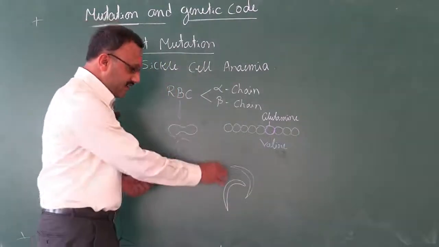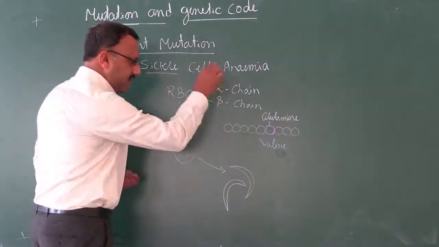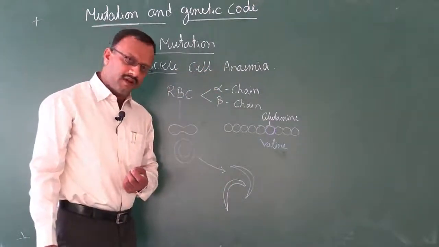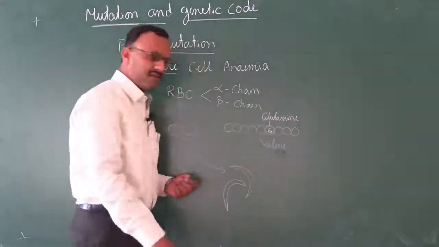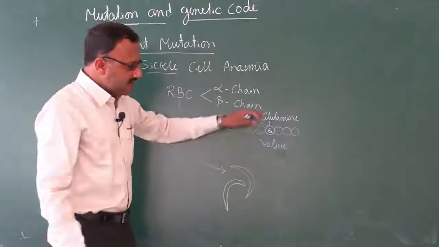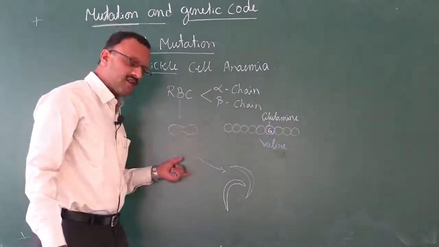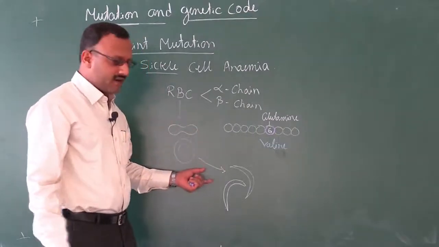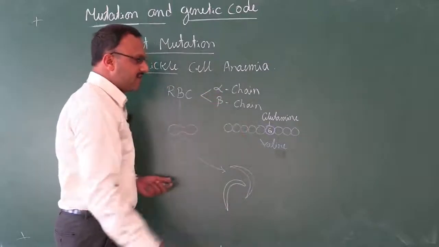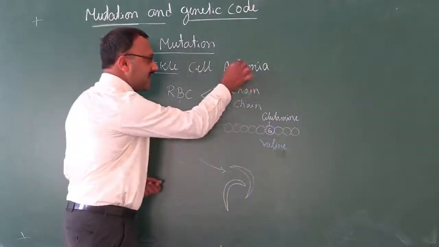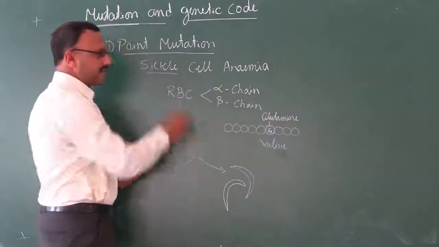This condition, where RBC turns into sickle shape because of replacement of one amino acid at the sixth position, the sixth amino acid glutamine being replaced by valine, brings about the change in the structure of RBC, where all RBCs turn into a sickle shape, causing an anemia called sickle cell anemia. This is called point mutation.